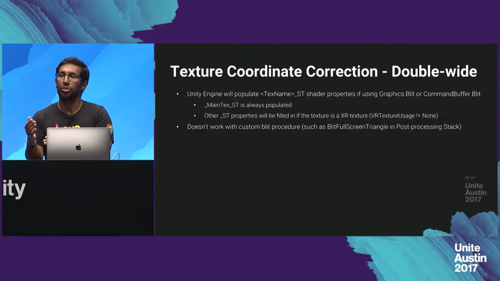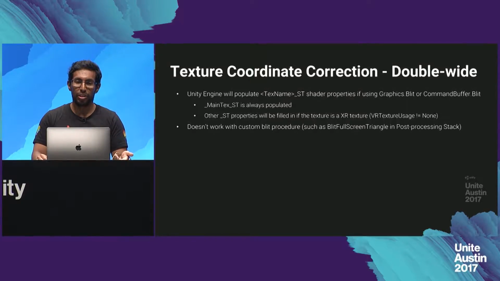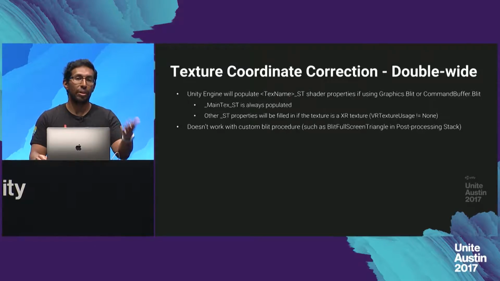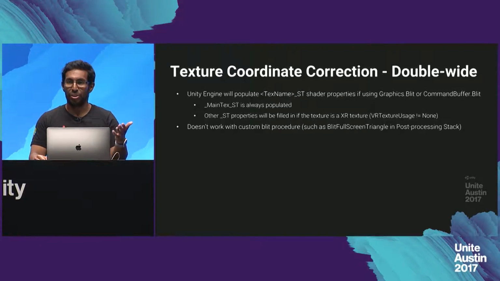When these XR textures get allocated, they have a VR usage, and if those VR usages say it's 1 eye or 2 eyes, then it'll also get this ST property populated. The drawback is that it doesn't work with custom blit procedures. If you wrote your own blit, you're not going to get this ST property filled in. This actually happens in post-processing stack v2 because it has its own blit full screen triangle process.